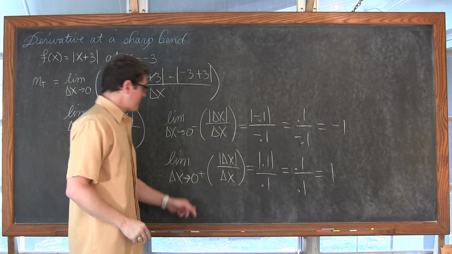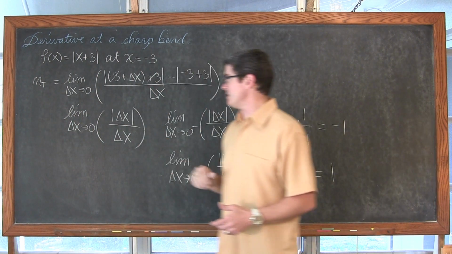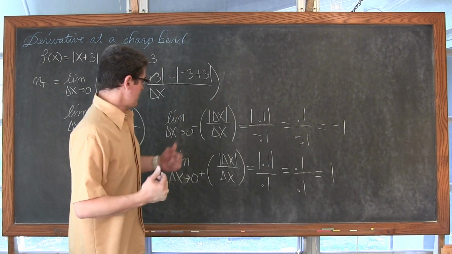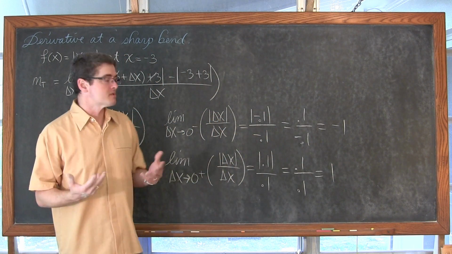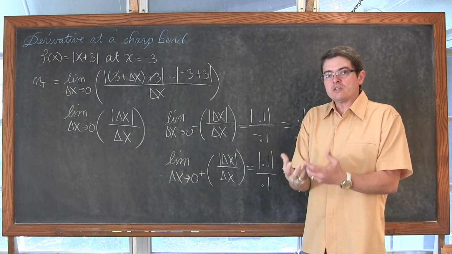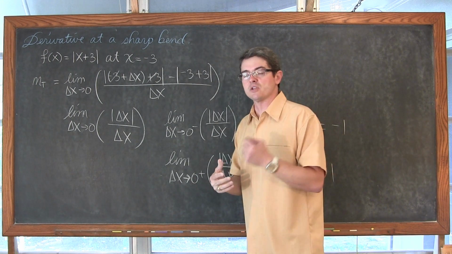So we know, of course, that for the limit as delta x approaches 0 to exist for this expression or function, the left and right hand limits would have to be the same, and they're not. So thus, the limit, which is what we're trying to find for the slope of the tangent line, doesn't exist.